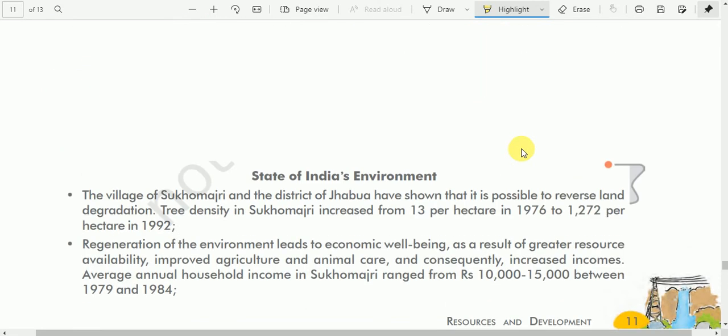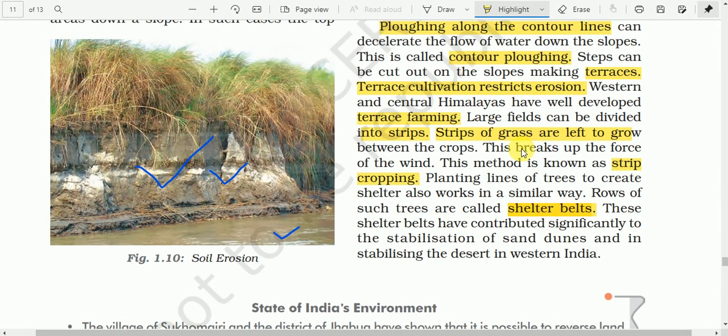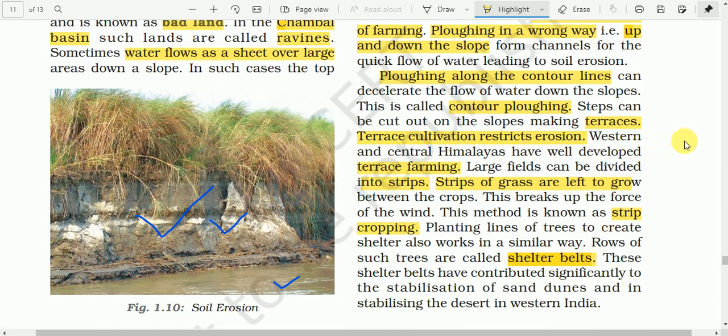So these are the different ways of soil conservation, that is, how we can check soil erosion, as given here. What are those methods? The first one is ploughing along the contour lines.